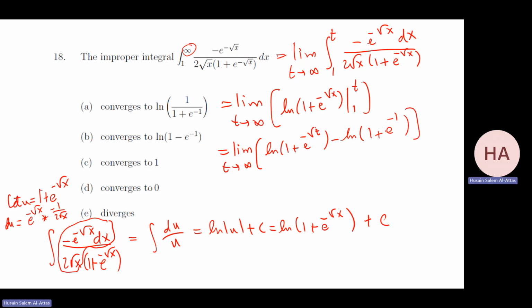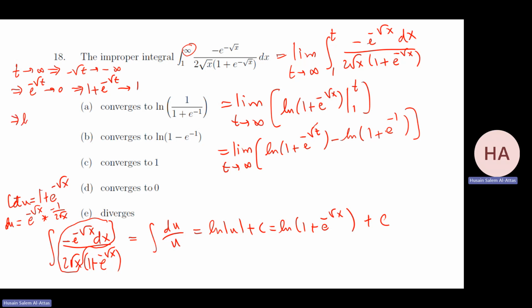Okay, be careful now with the limit. Let me do it here. As t goes to infinity, that implies minus square root of t goes to minus infinity. That implies e to the minus square root of t goes to 0. That implies 1 plus e to the minus square root of t goes to 1.